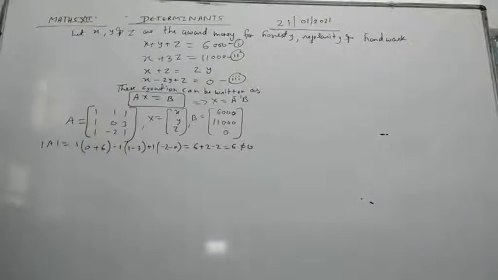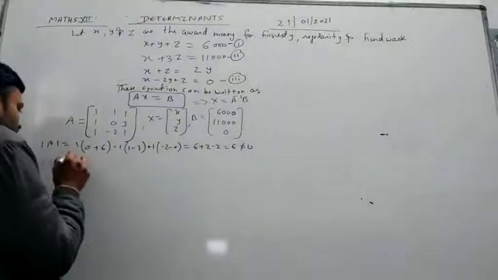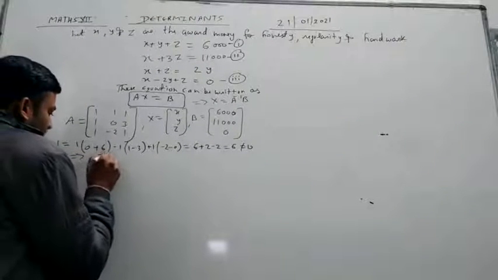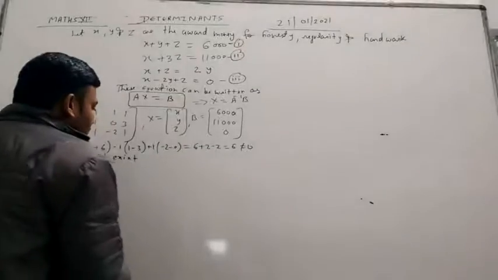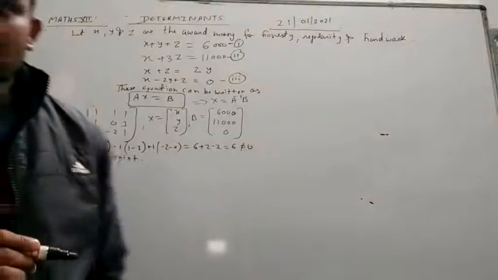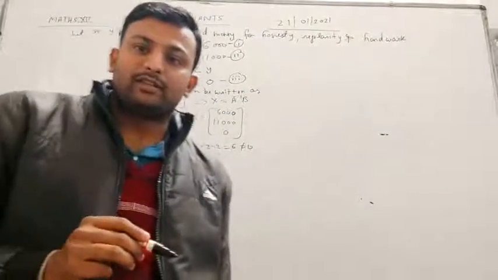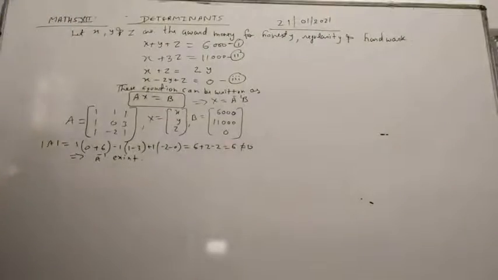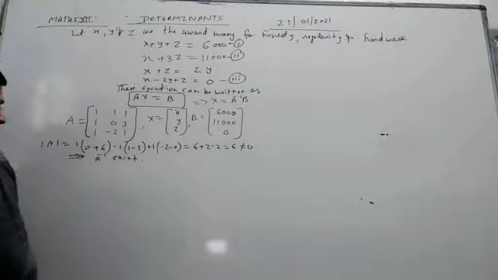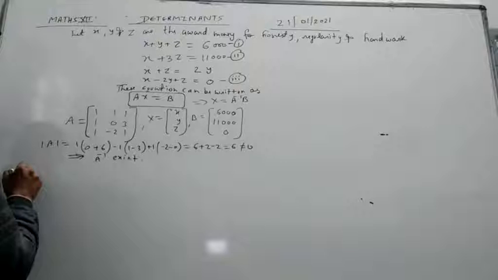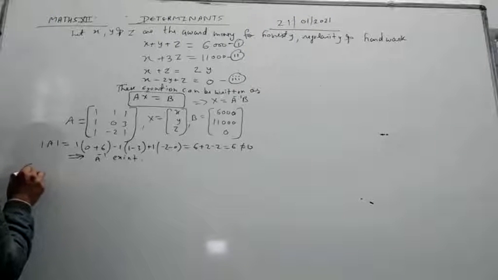Okay student, so the determinant of A is 6, which is not equal to 0. So students, this implies A inverse exists. Now, to find A inverse, we will find the cofactors. So the cofactor A11, or we can write C11.